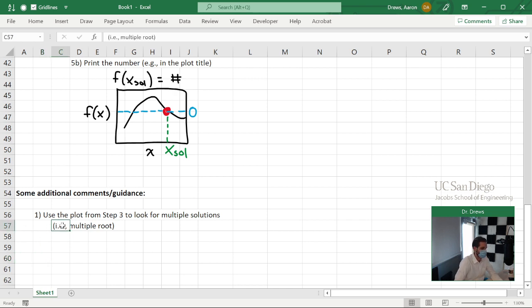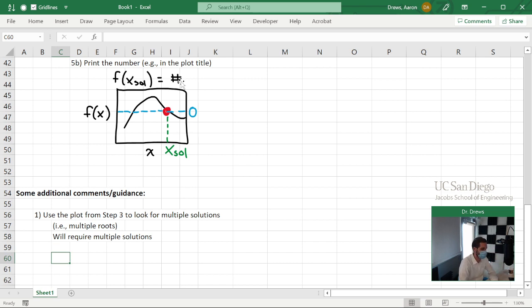If you have multiple roots, this will require multiple solutions, which I guess stands to reason, right?